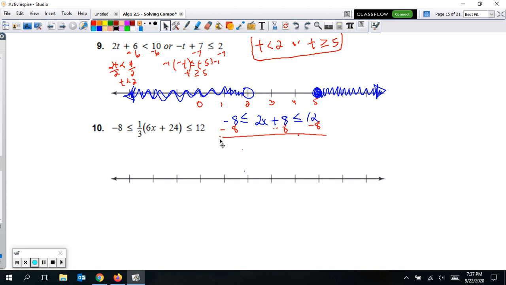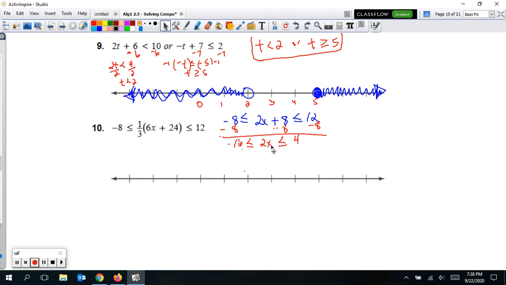When I subtract here, -8 and -8 don't cancel each other out. They make a bigger negative, -16. Then we have our inequality symbol, and these 8's cancel, so that leaves me with just the 2x in the middle. Then the other inequality symbol, and 12 minus 8 gives us 4 on the other side.